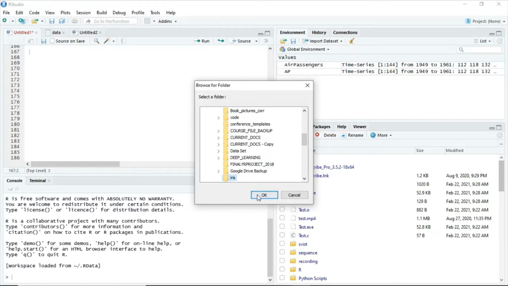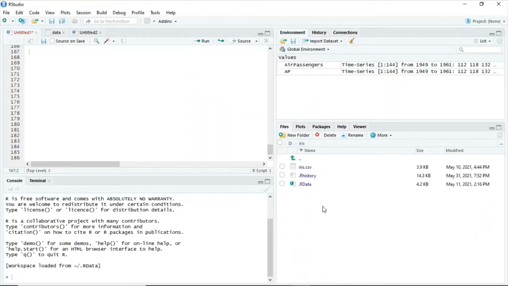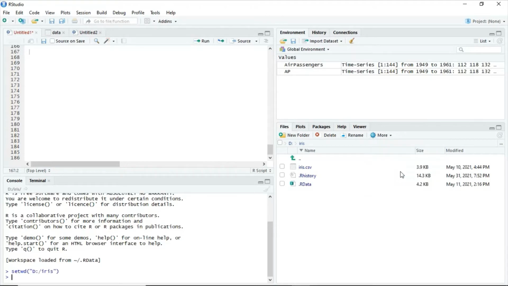My data set is Iris, and this is the CSV file of my data set. The second step is to set this directory as my current working directory. So I will go to More and set it as my working directory. This is the first thing that we have to remember.